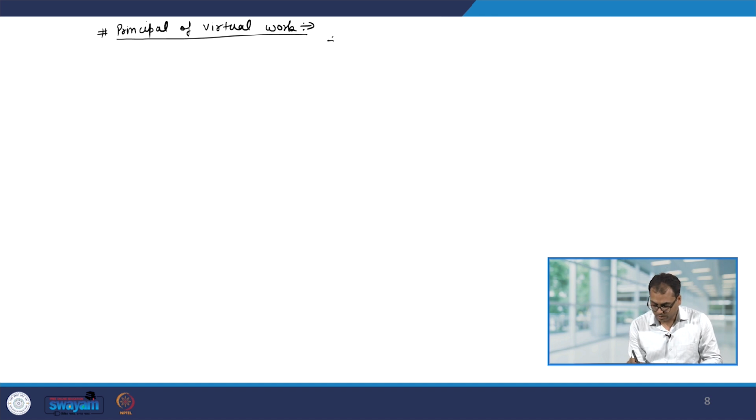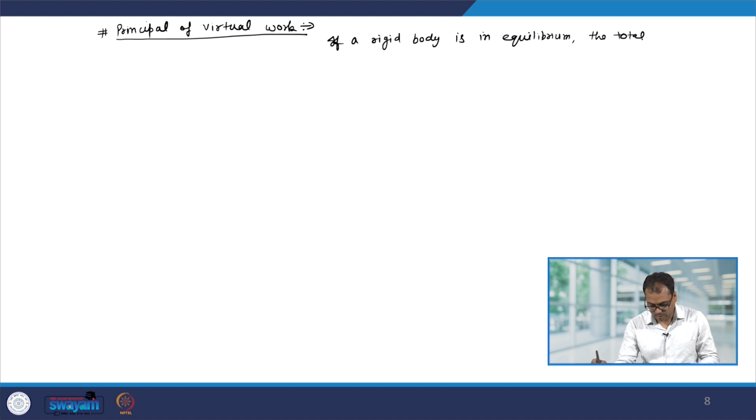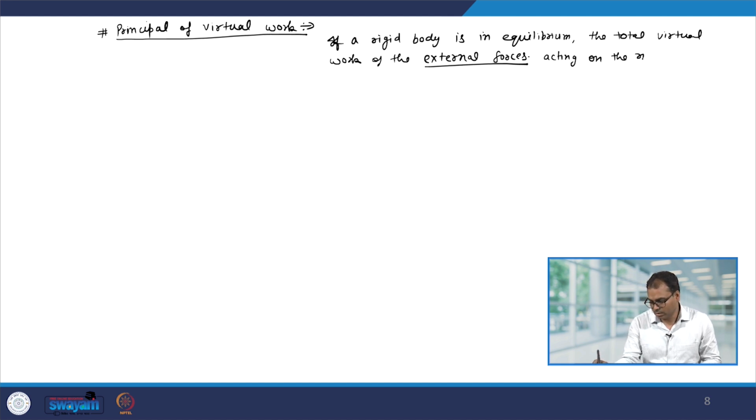The statement is the following: if a rigid body is in equilibrium, then the total virtual work of the external forces acting on the rigid body is 0 for any virtual displacement of the body.